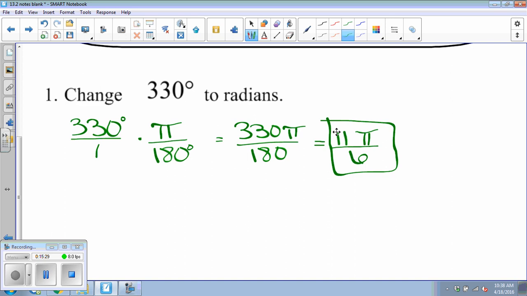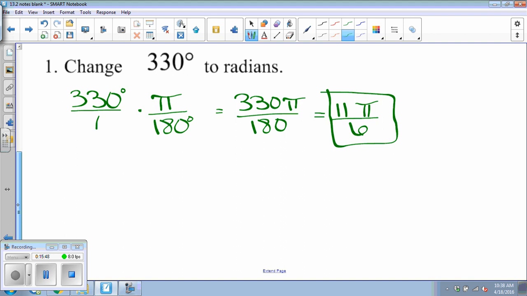Then you need to write the word radians, because without pi, we don't know it's radians. Any questions on how I got 11 pi over 6?